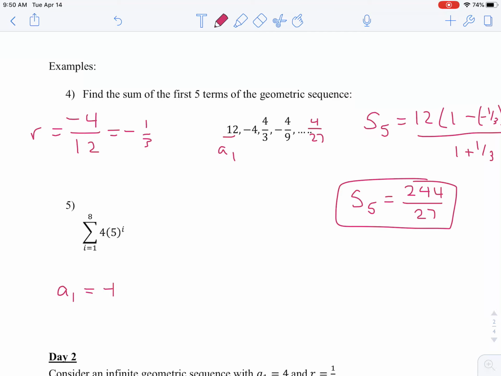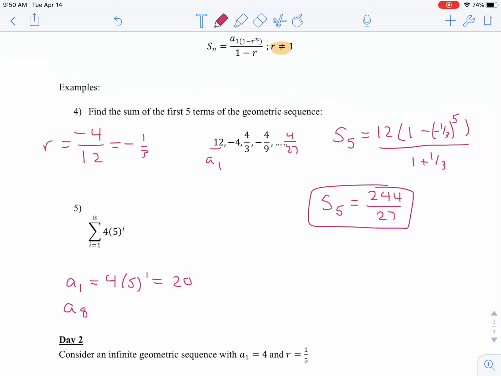So a sub 1 would be 4 times 5 to the first, which is 20. My last term would be the 8th term. In this case, it doesn't really matter because I don't need the last term there. What I do need is my second term, so I can figure out what our ratio was.